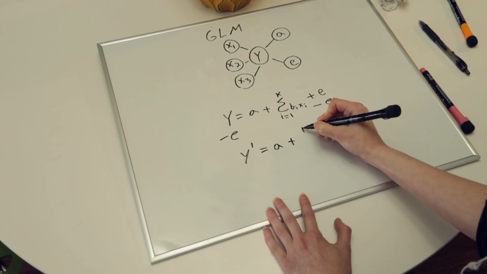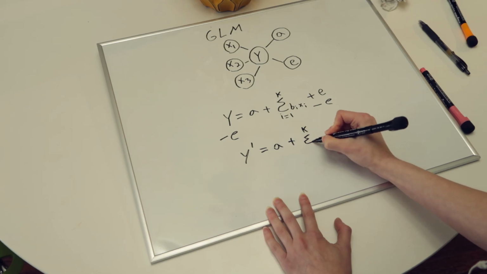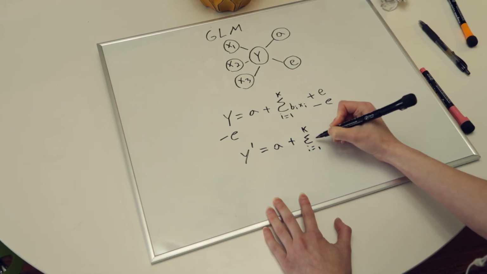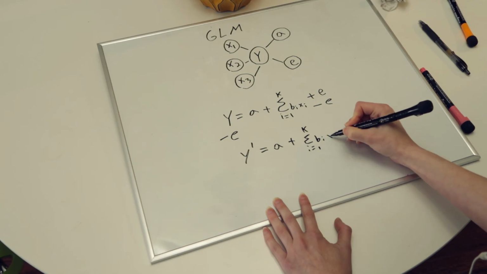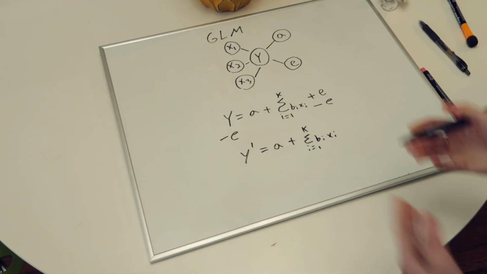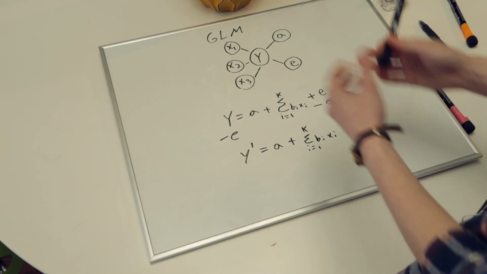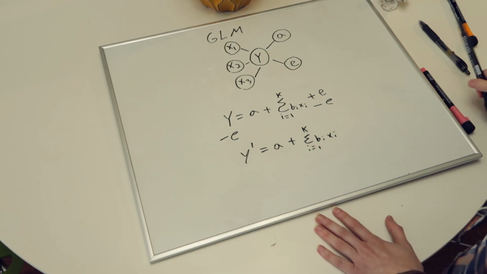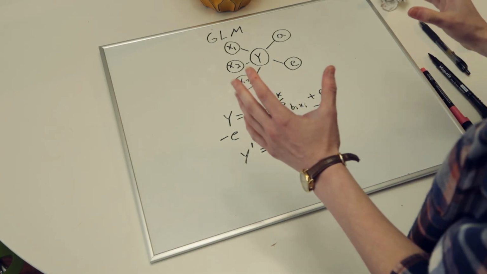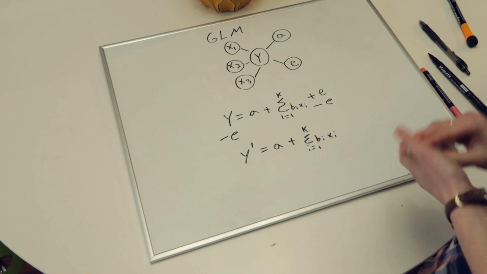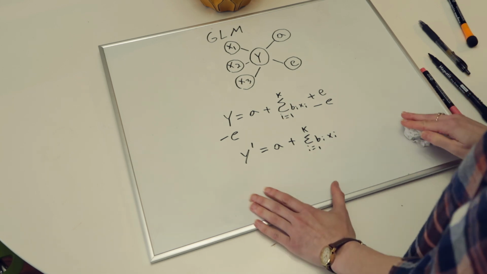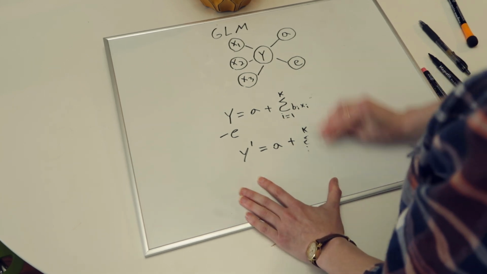The formula will then look like this. So now we have no error. We've taken the error out. Essentially, this is the fundamental algebraic equation for the general linear model.